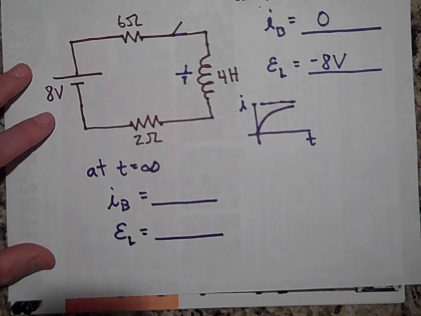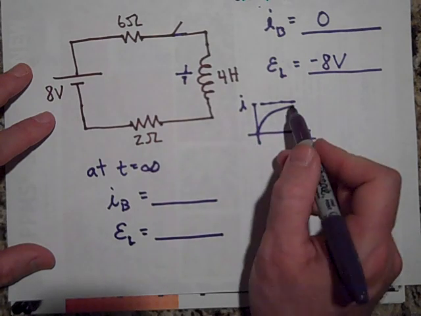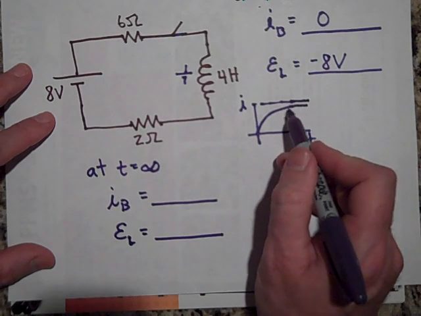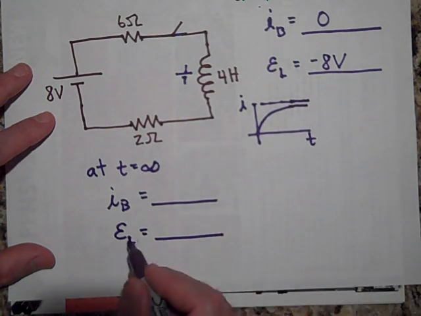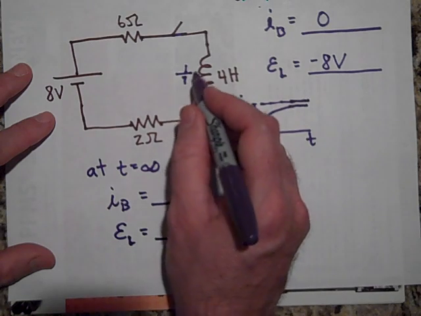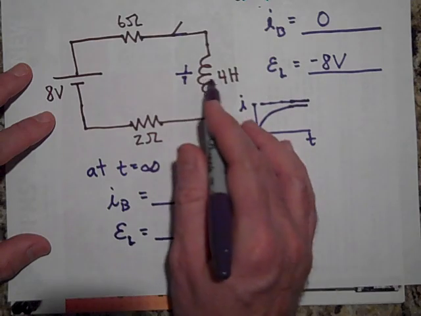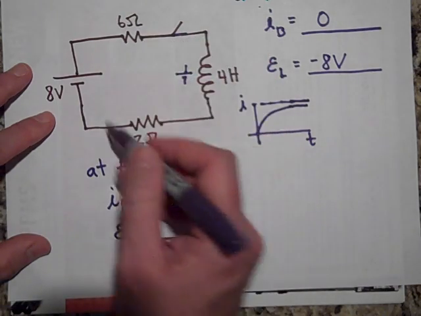Okay, so a long time later, this is going to behave just like a wire, because look what happens to the current. The current is flattening out, and so the slope of this graph is going to 0. And remember that this EMF is L di/dt. And so this is going to be just like a wire. So what we have is 8 ohms of total resistance and 8 volts.